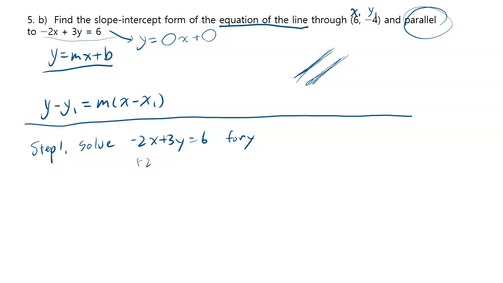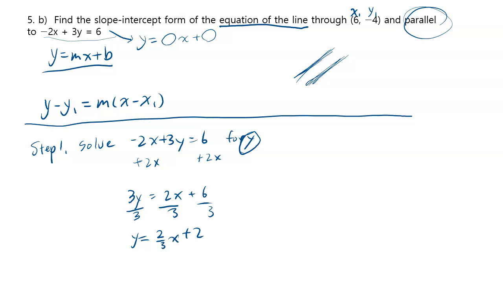I'm going to add 2x to both sides because I'm trying to isolate y, so 3y stays, but 2x has to go, so we have 2x plus 6. And since I want to solve for y, I want to divide both sides by 3, and that gives you y equals 2/3 x plus 2.